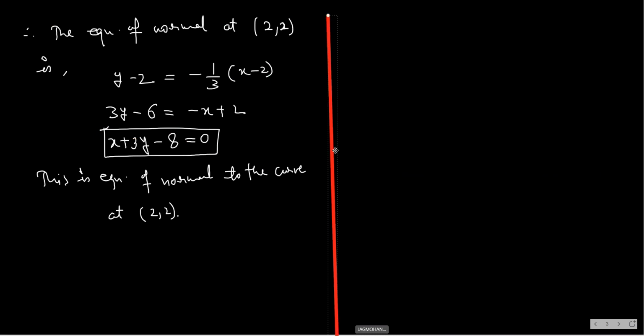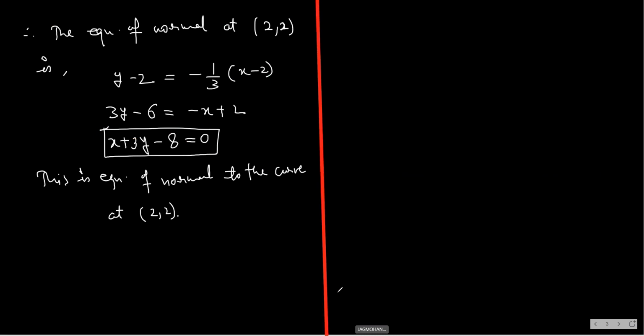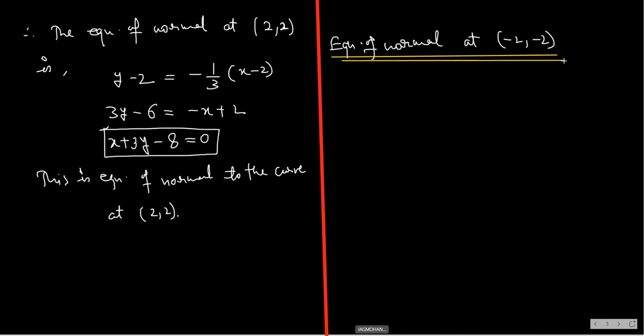Okay, so here I write equation of normal at -2, -2. What will that be? Equation of normal at -2, -2 will be as follows. See, y minus y1 equals m, that is -1/3, x minus x1.